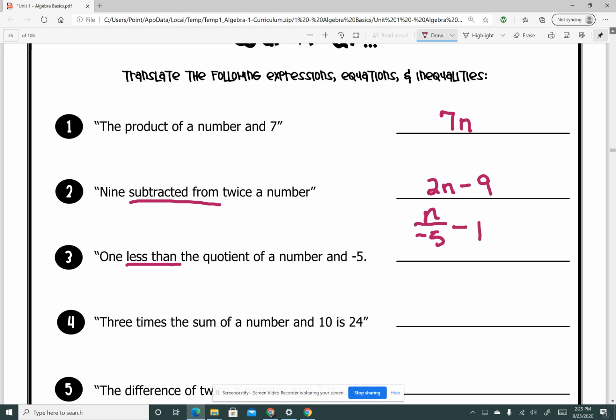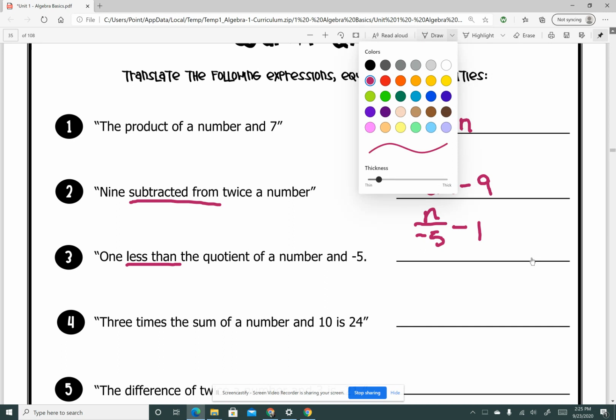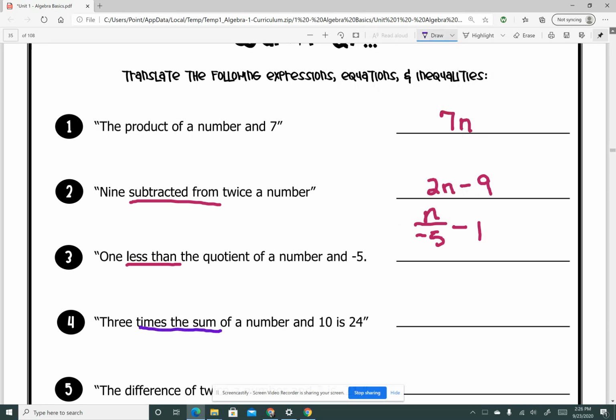So that's it. Now it looks like we have some equations for the next set. So 3 times the sum of a number and 10 is 24. So we have the sum of the number and 10 will be our quantity. So 3 times the sum of the number plus 10 is 24.